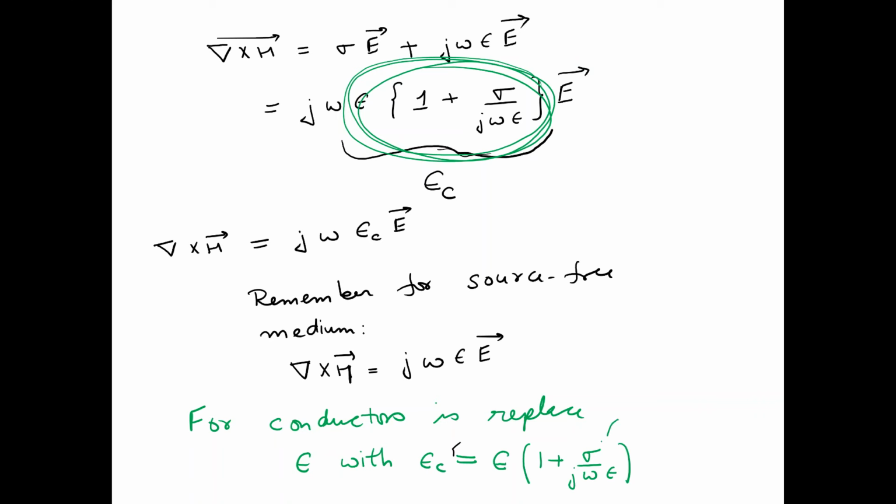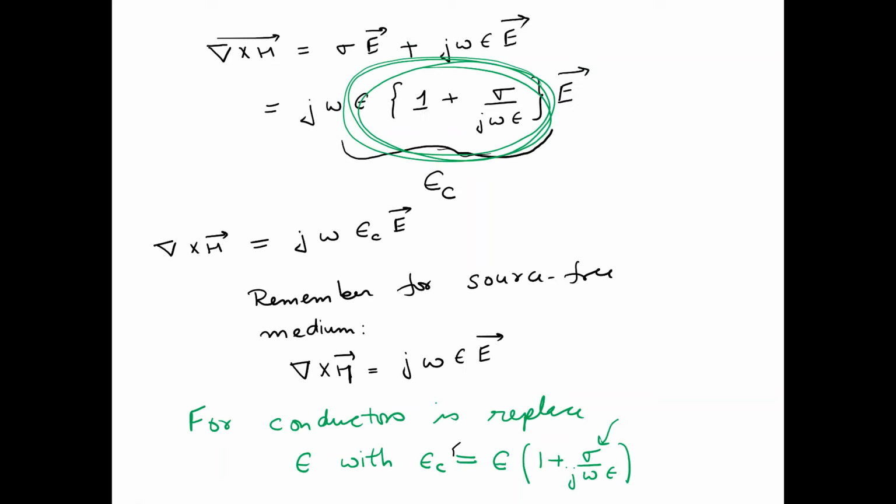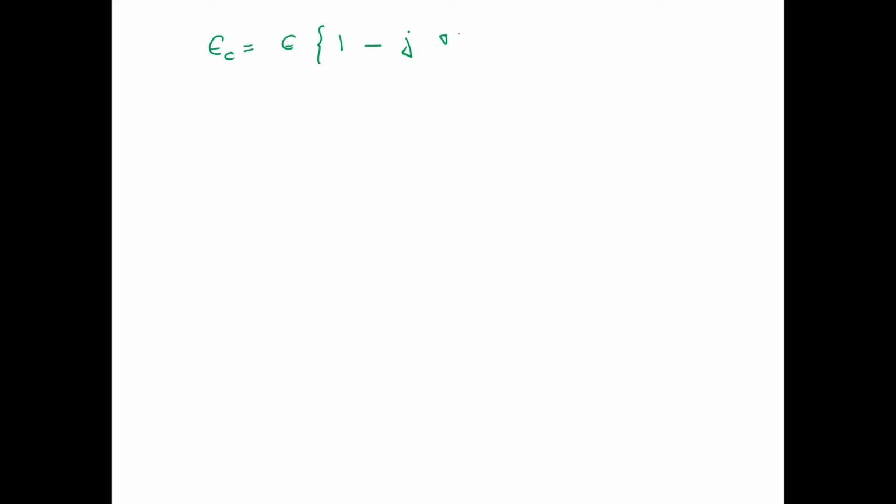If I take a look at this term here, this becomes epsilon times (1 minus j sigma by omega epsilon), taking 1 by j up. And you notice this is turning out to be again of the same form, epsilon prime minus j epsilon double prime.